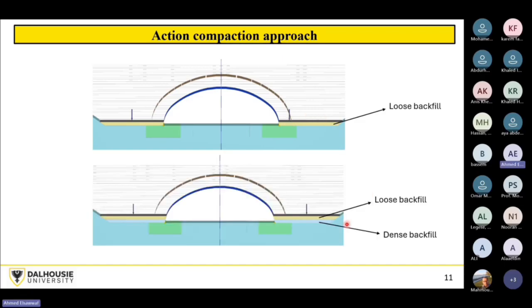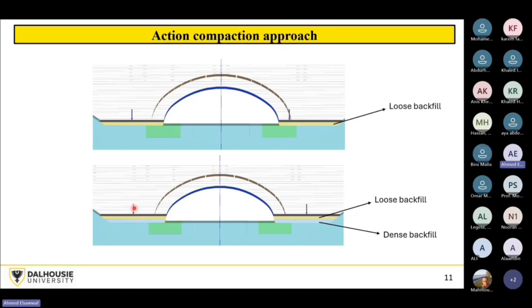And then in the second and in the subsequent phase, the first layer, which is 30 centimeters thick, by the way, is changed to dense state, and then you place here a new soil layer, again in the loose state, and the corresponding surface surcharge.